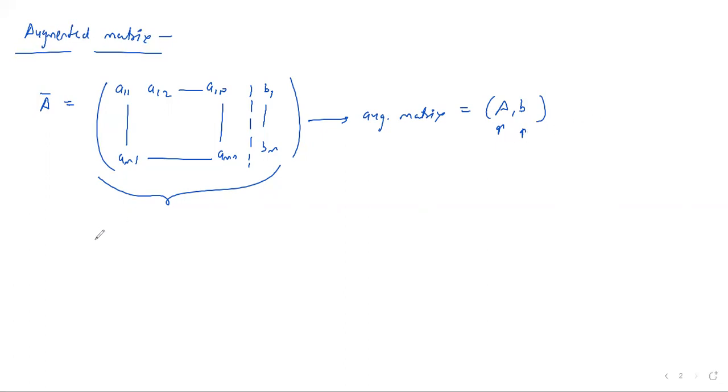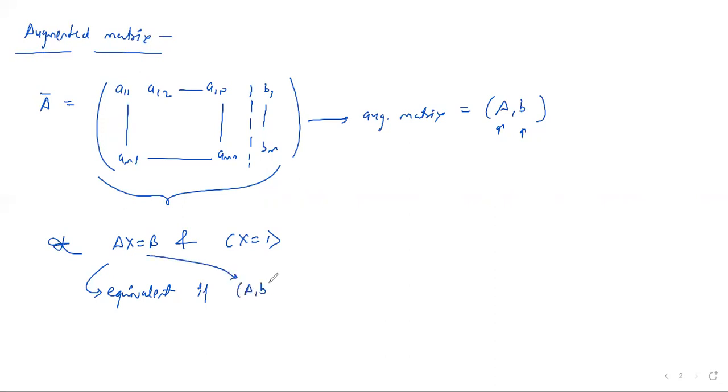Now let's see, if I have these two systems of linear equations, that is Ax equals to b, and another system, let's consider Cx equals to d, these two systems of linear equations are said to be equivalent if their augmented matrices are row equivalent. What are the augmented matrices? For this system, the augmented matrix is (A, B), and the augmented matrix for this system is (C, D).